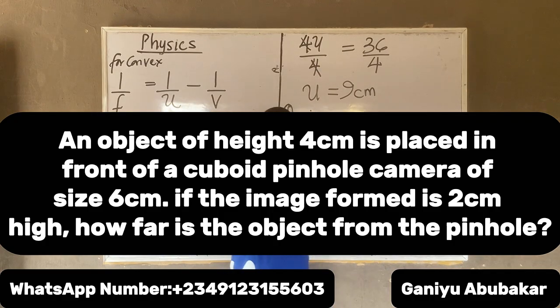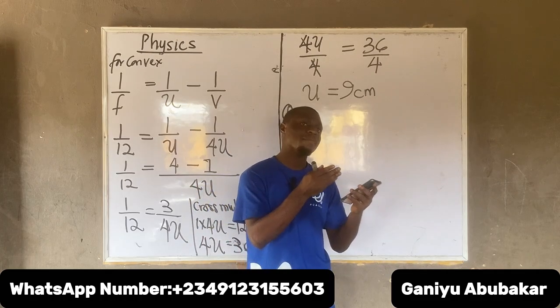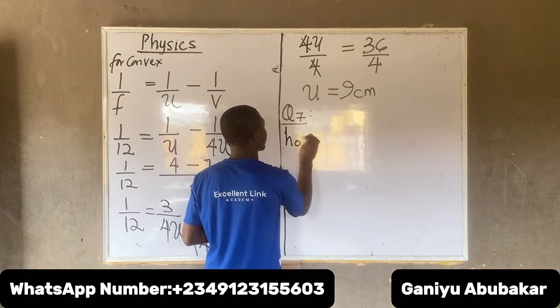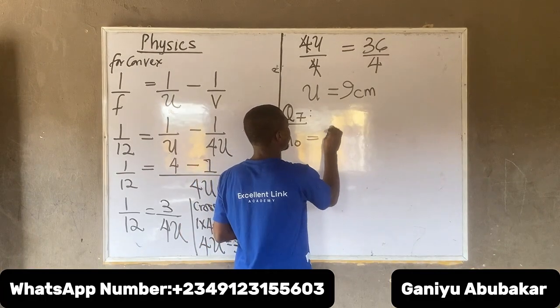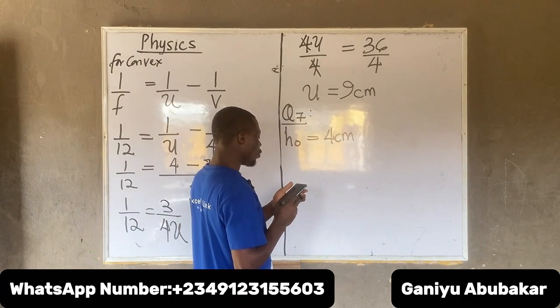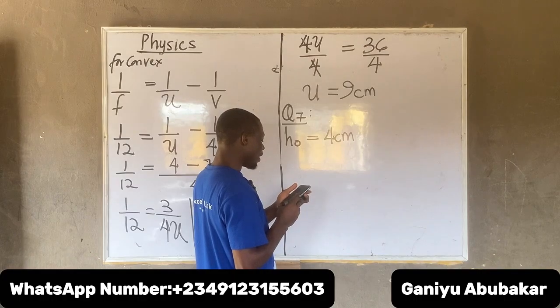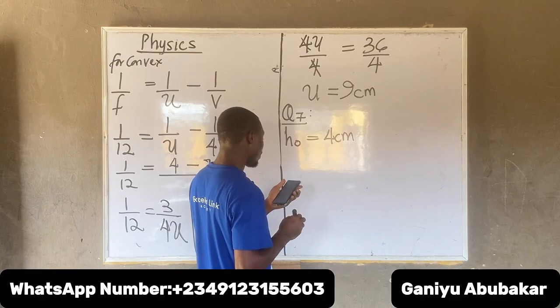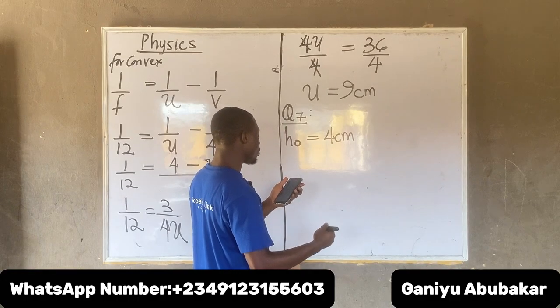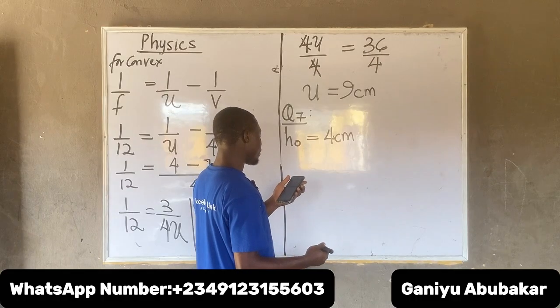It says an object of height 4 cm, that's the height of the object, is placed in front of a cuboid pinhole camera of size 6 cm.